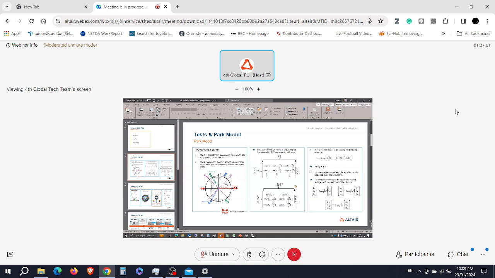So we can move from three phases to two axes. And you can see I0 here is a homopolar component. Since we are using a balanced three-phase system, this homopolar component is equal to 0. And then remaining only this ID and IQ.